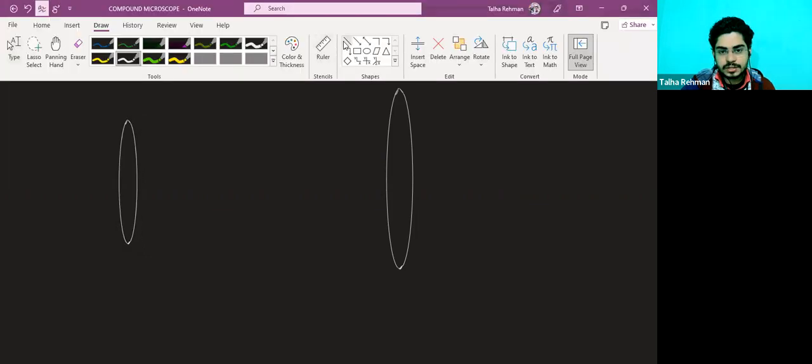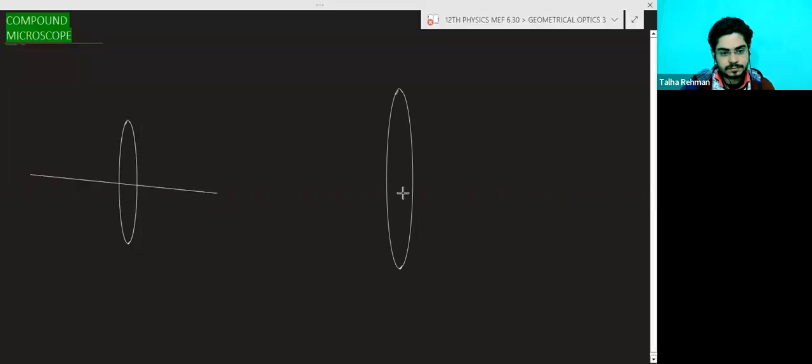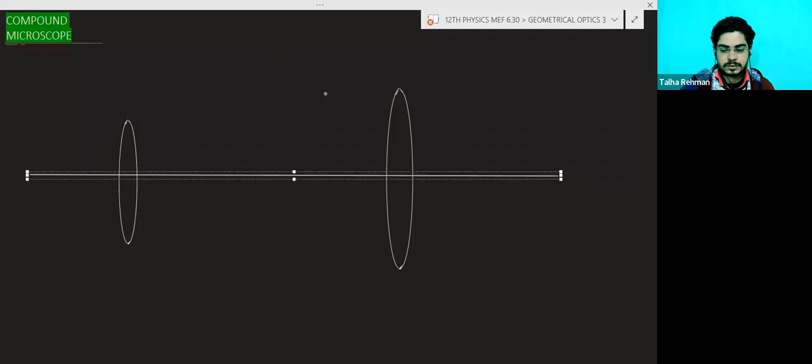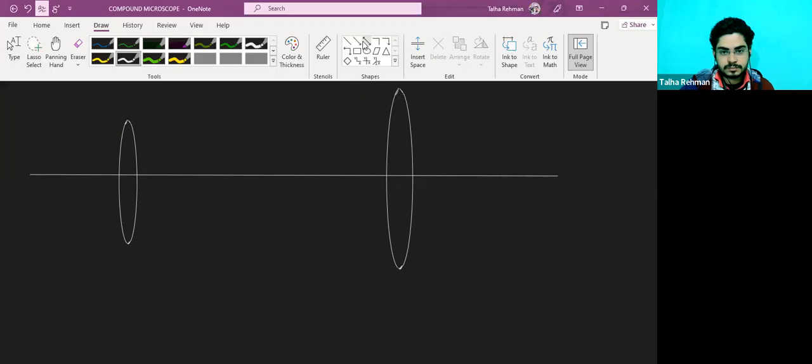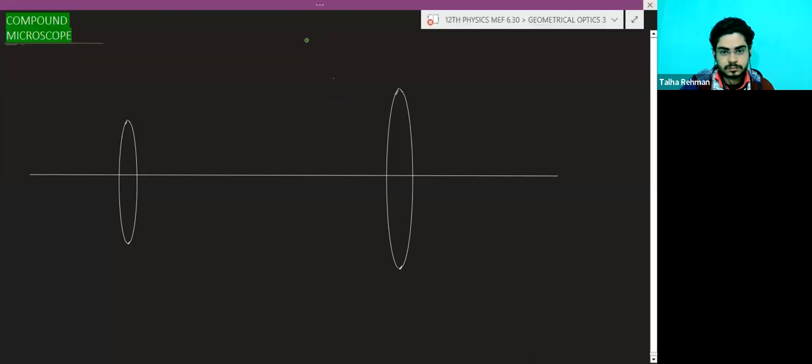We'll discuss how this microscope works. I am taking one object that we want to see in the microscope. This is the objective lens, and this is the eyepiece lens. Suppose this is the object.